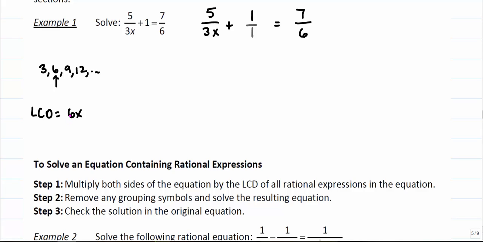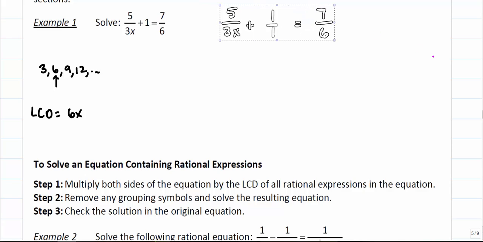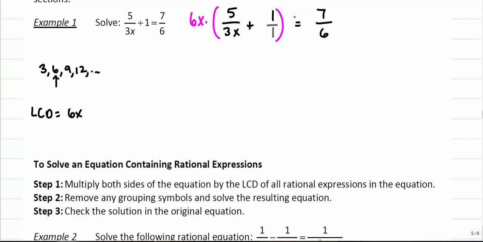So the step says to multiply both sides now by that LCD. What you're going to see me do is skip a step. Instead of writing it like this, 6x times, 6x times, I'm going to multiply each of these fractions individually, because that's what you're going to do.